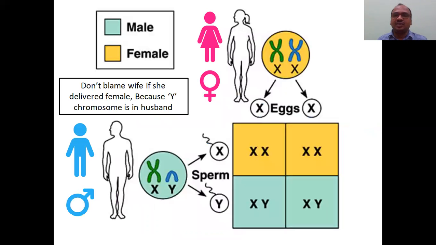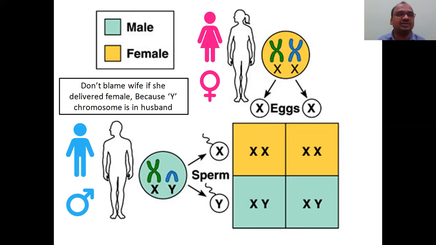Females consist of XX chromosomes. Males consist of XY. Very important bit: females will always give the X chromosome only. So don't blame your wife if she becomes pregnant and delivers a baby girl.